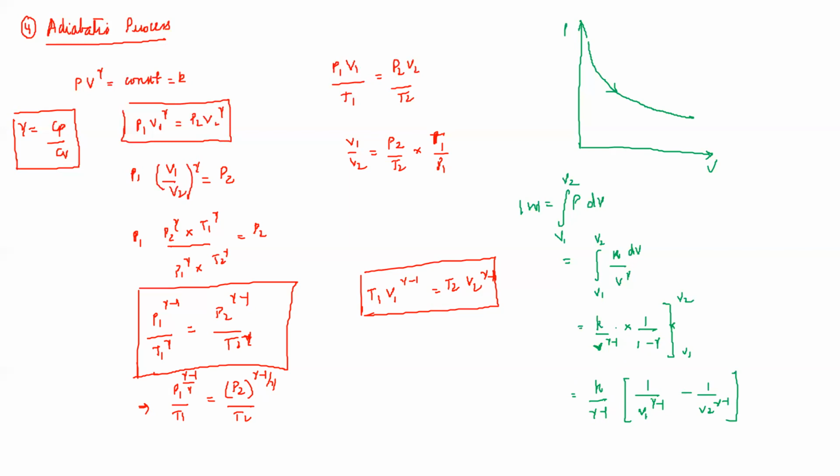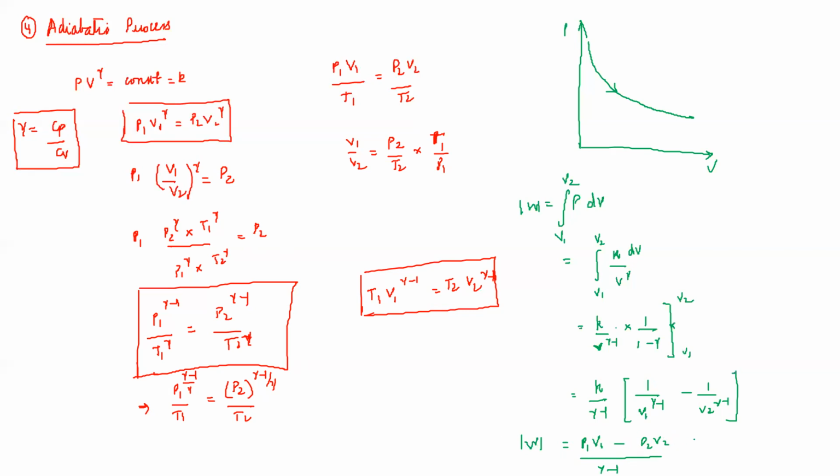When we simplify this, in place of K we can write P1 V1 to the power gamma over here, and over here P2 V2 to the power gamma. So we will simply have P1 V1 minus P2 V2 upon gamma minus 1.